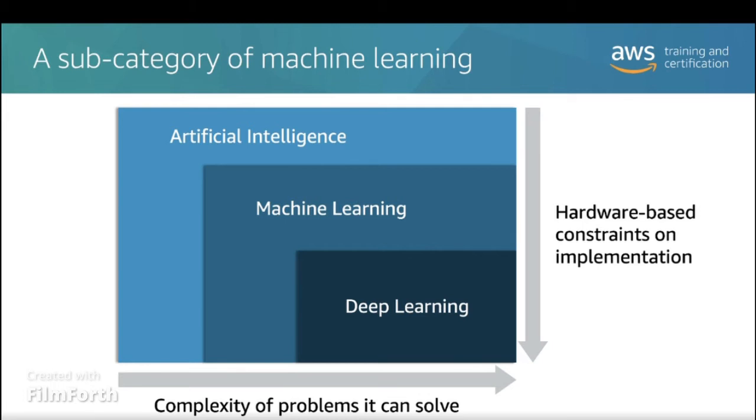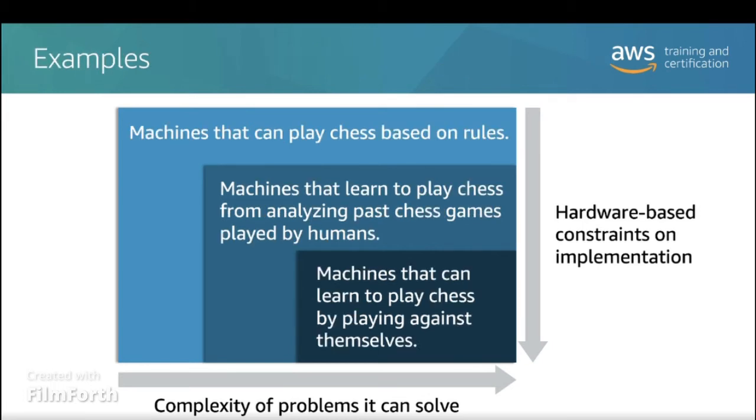we could before. To demonstrate the leaps between these three categories, we can use the classic example of machines that play chess. With classic artificial intelligence, the machine couldn't learn anything that wasn't given to them directly in the code. So a machine could play chess based on rules that were provided, but any improvements to its strategy would have to come from a programmer explicitly calling them out and programming them in.